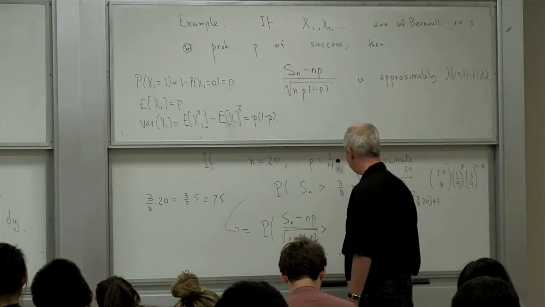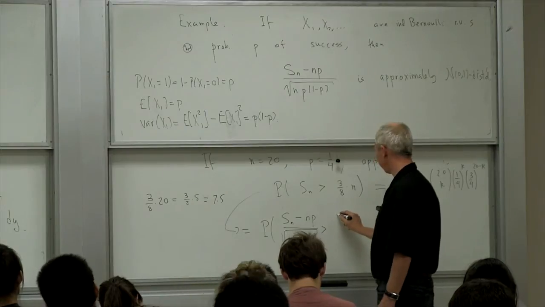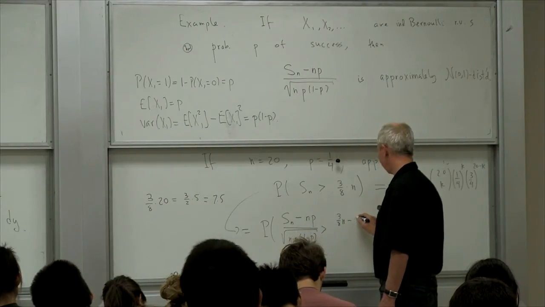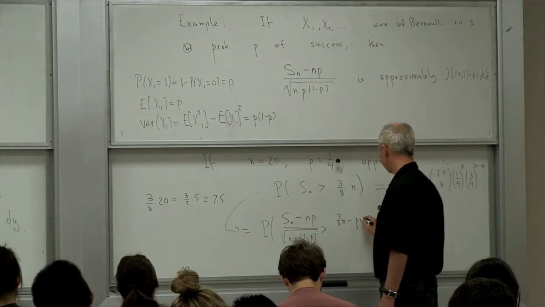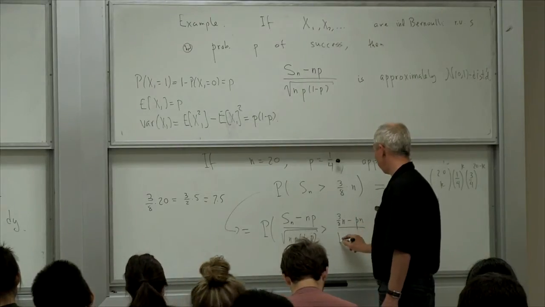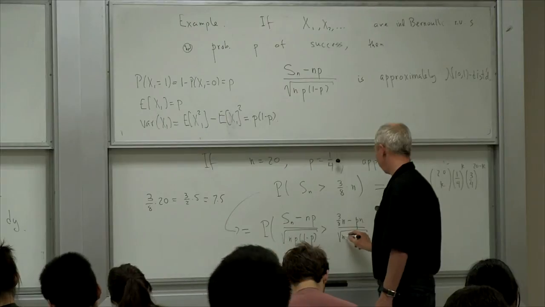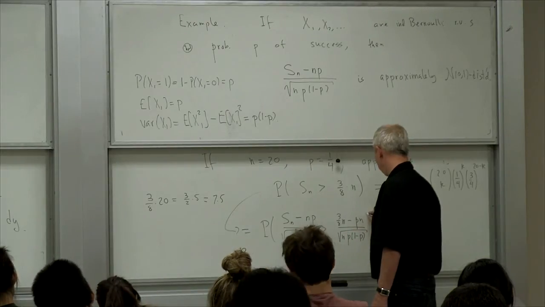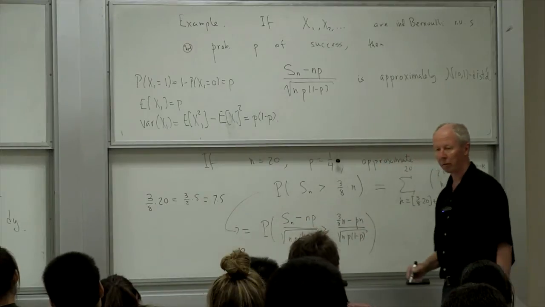And in order to keep things honest, we should do the same thing here. We take 3/8 n, subtract p times n, and divide by the square root of n times p times 1 minus p. That's the probability we want now.